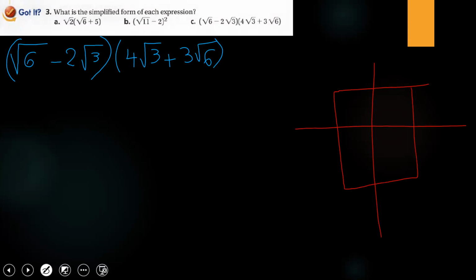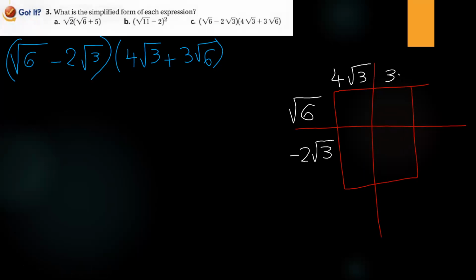Then here, we have square root of 6. What did we write down? Negative 2 square root of 3. And here, we have 4 square root of 3 and 3 square root of 6.